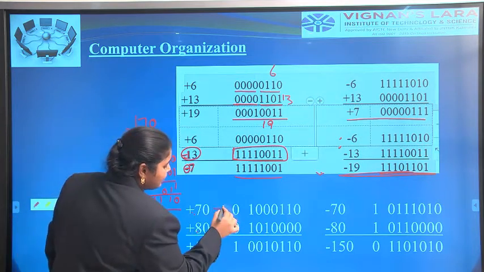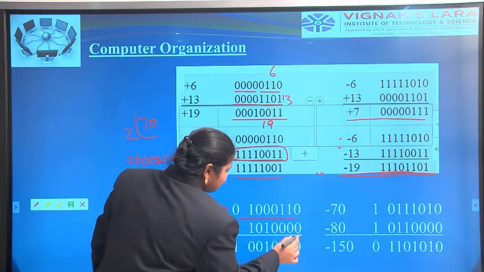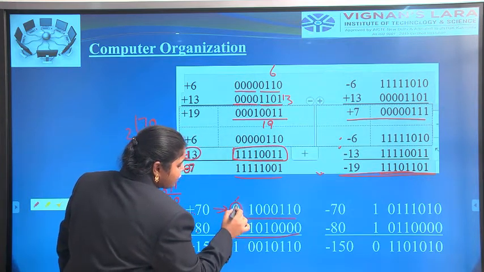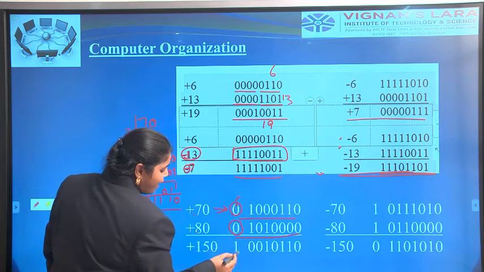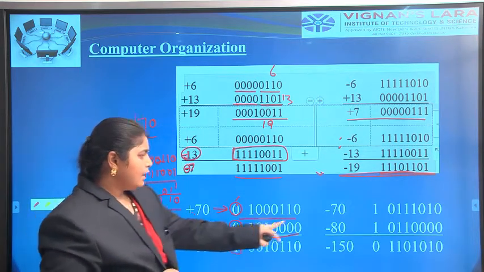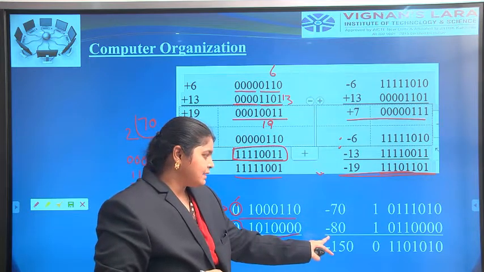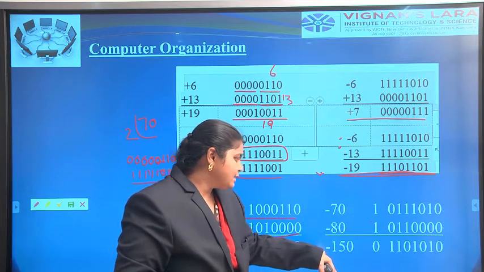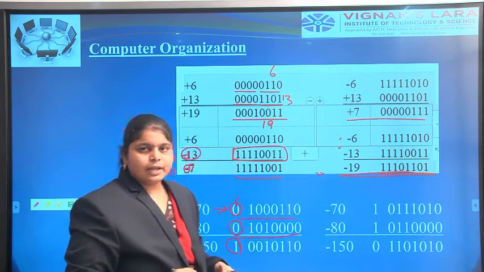The resultant binary value is like this. These are positive numbers. 0 is considered as positive and 1 as negative. Here, minus 70 and minus 80 are considered as minus, and plus as plus.